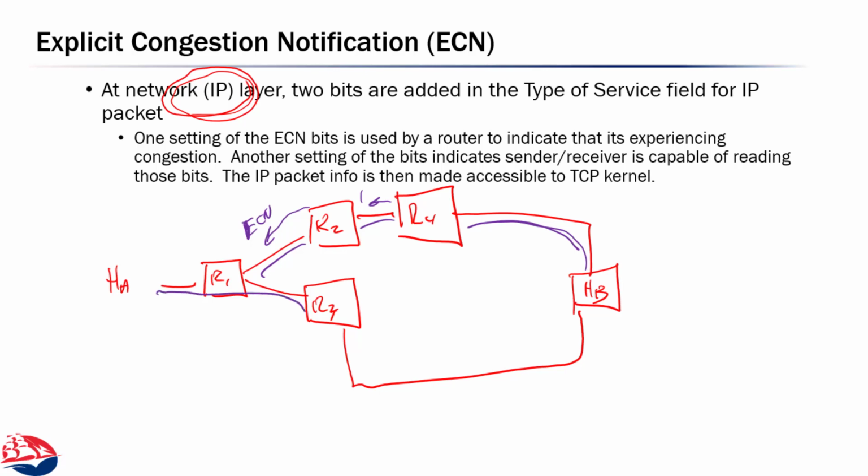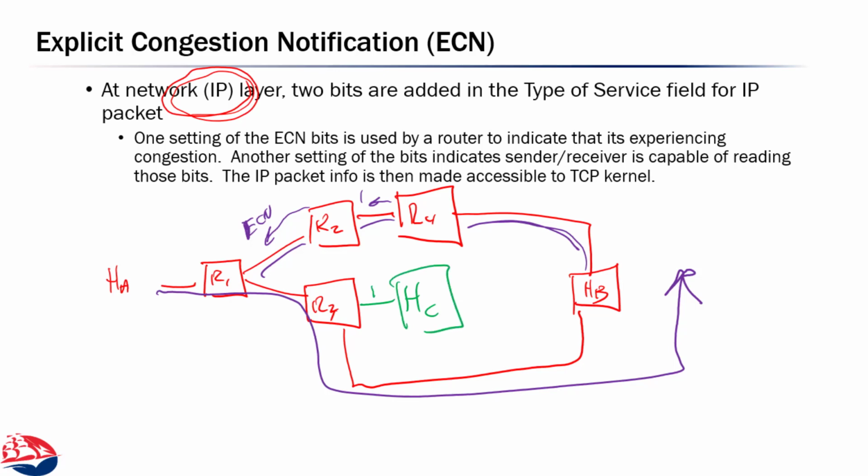So now I'm going to re-vector the data from host A to host B to a non-congested path. On the other hand, if we're going to a host C, and this link is congested, and this link is congested, and there's only one path, then host A is going to be told that the path to host C is congested, and then it can update its understanding of the congestion window based on that.